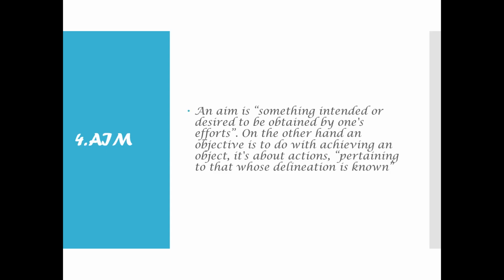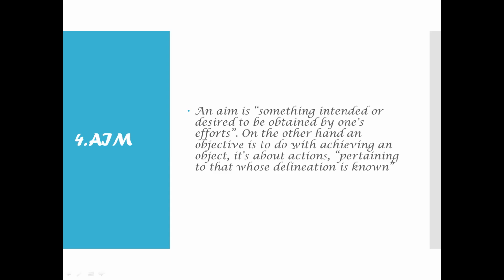So aim. Basically an aim is something that's intended or desired to be obtained by one's effort. On the other hand, an objective has to do with achieving an object, it's about action. So aim is basically what you desire to obtain, right?